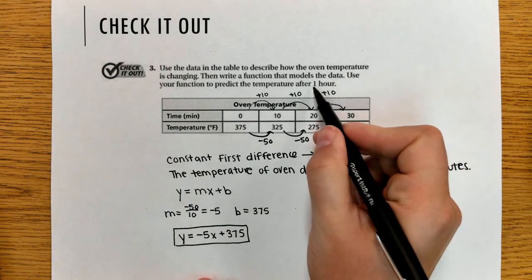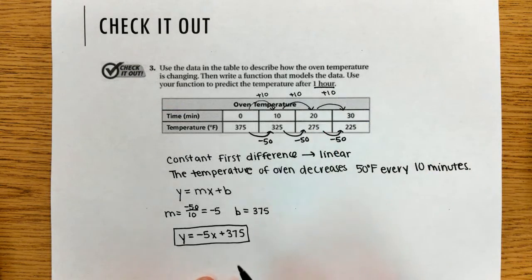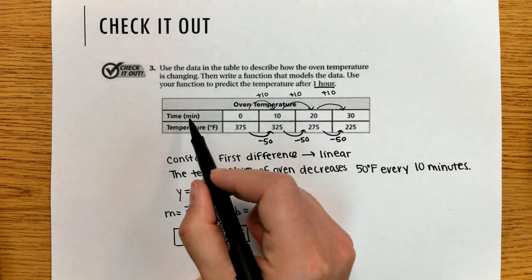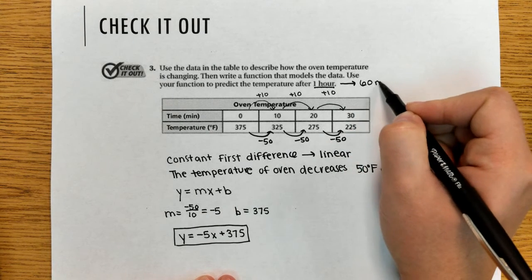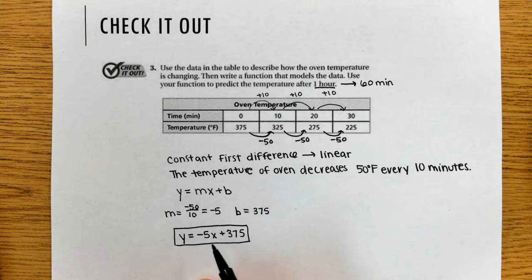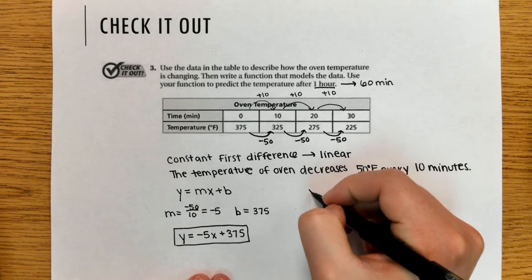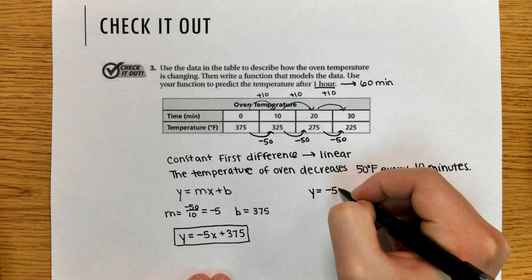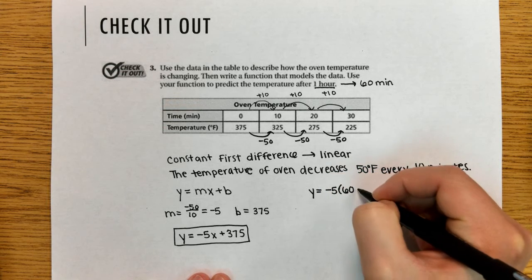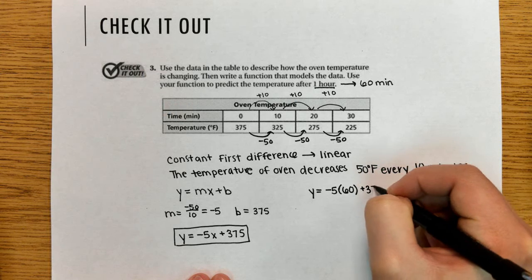Then I need to find the temperature after 1 hour. And 1 hour, we're talking in minutes here, so this is going to be 60 minutes. So we're going to substitute in 60 for x. So we're going to have y equals negative 5 times 60 plus 375.